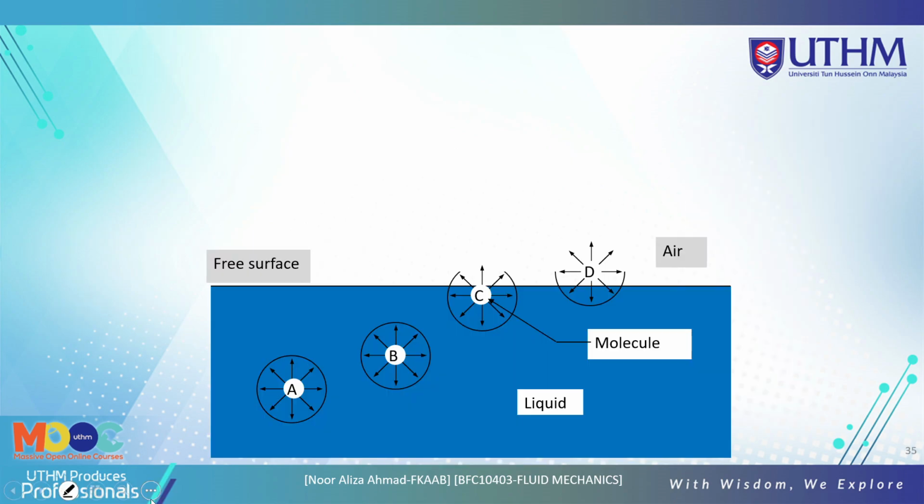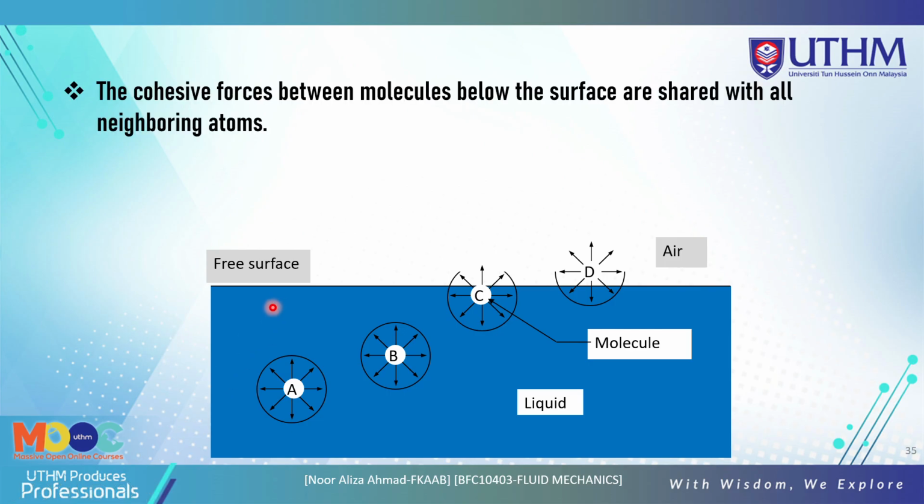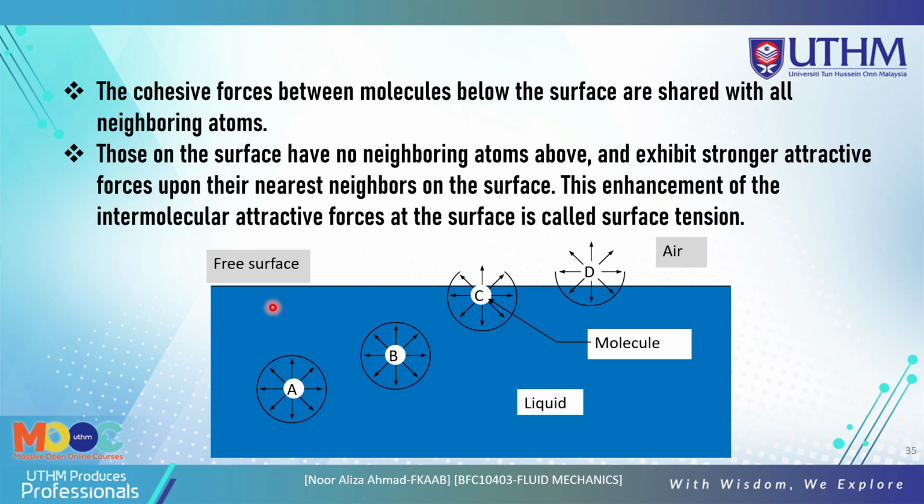So now we look at the free surface. This is the cohesive force between molecules. Molecules below the surface are shared with all neighboring atoms. Those on the surface have no neighboring atoms above and exhibit stronger attractive force upon the nearest neighbors on the surface.